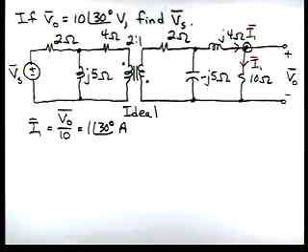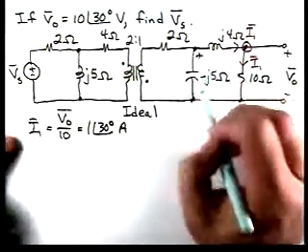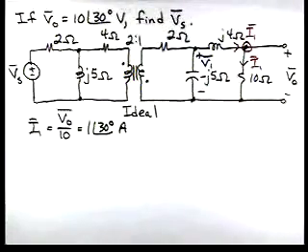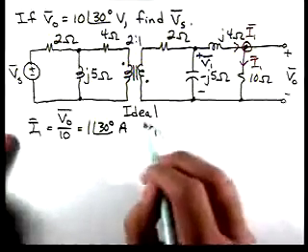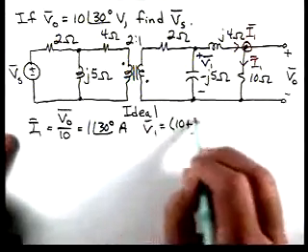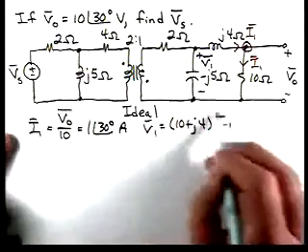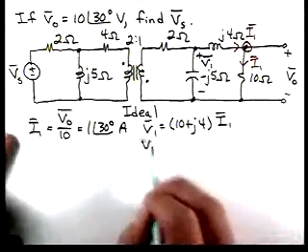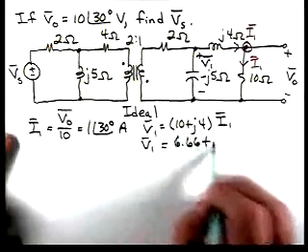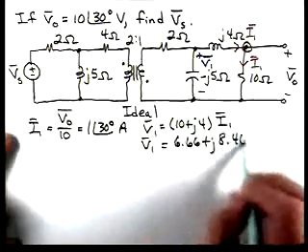And now let's calculate this voltage V1. V1 is 10 plus J4 times I1. So then V1 is 6.66 plus J 8.46.